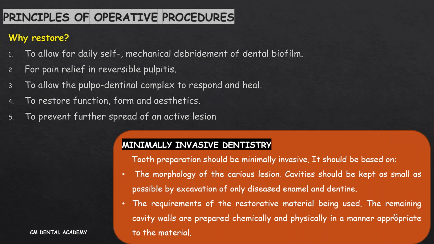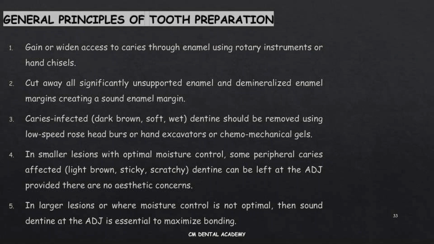The remaining cavity walls are prepared chemically and physically in a manner appropriate to the material. The final restoration should support the strength of the remaining tooth tissues, promote remineralization, seal any remaining bacteria and deprive them of their nutritional supply, and predictably restore form, function, and aesthetics, which is the main goal.